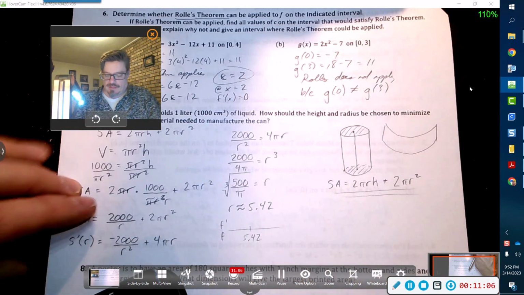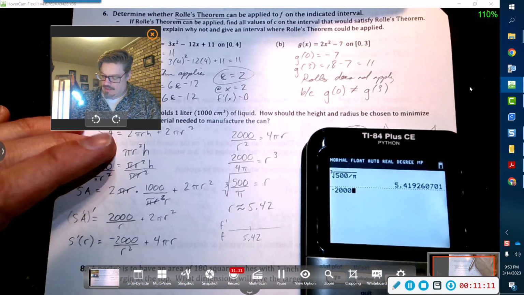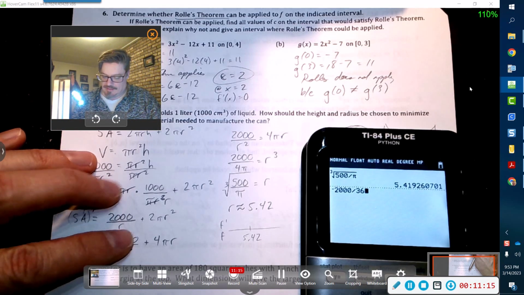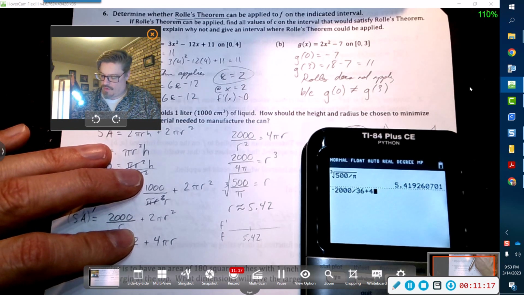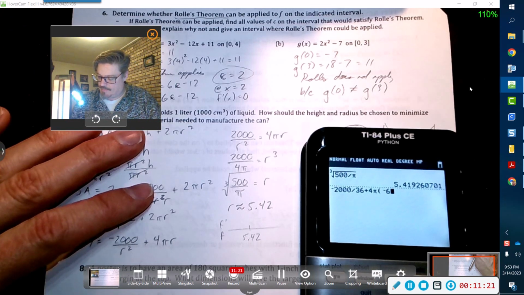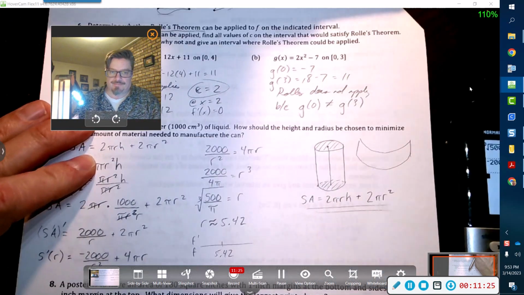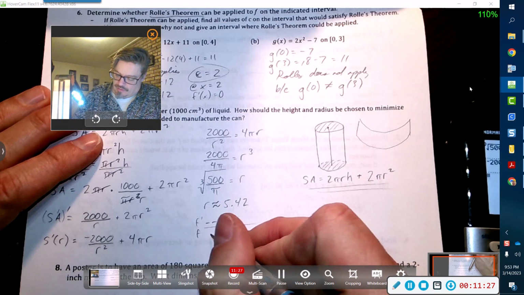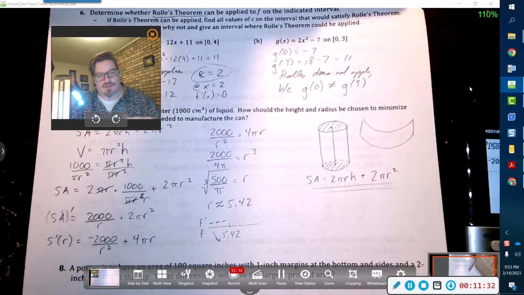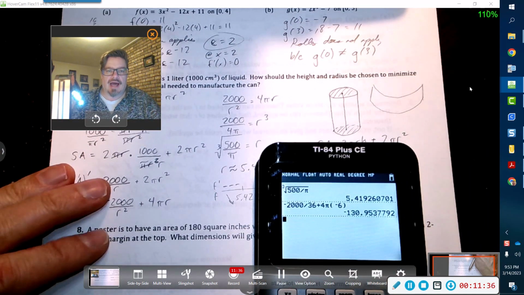Let's see, what is that going to be? Negative 2,000 divided by negative 6 squared, 36, plus 4 pi. I know you could probably do this in your head and get some estimates, but I'm just going to make sure. Okay, that is negative. So it's decreasing, and then it should pop back up once I get a value that is higher.